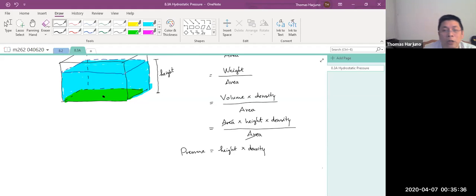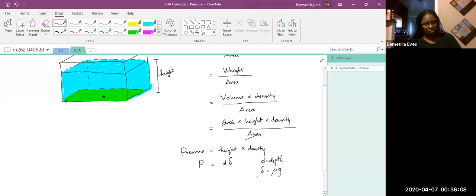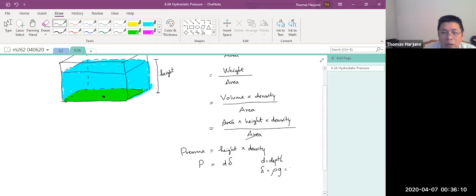Okay, now our textbook, if you take a look, they say that P equals D times delta, where D is the depth. How far is the point from the surface of the water? And the delta here is the weight density, which is rho times g. Maybe I write it this way.